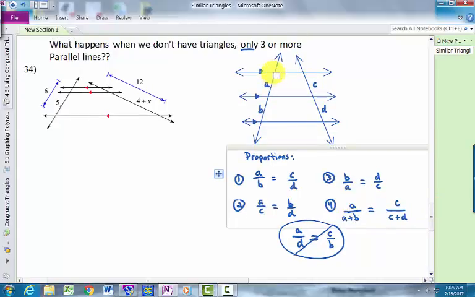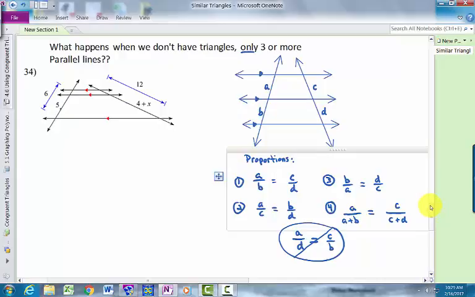You could take A, this little piece here, divided by the entire side length, which is A plus B. So you could do A over A plus B, and then do the same thing on the right: C divided by C plus D. You could even do more. You could do B over the whole thing, so B over A plus B is equal to D over C plus D. So just lots of different ways that you can do that.